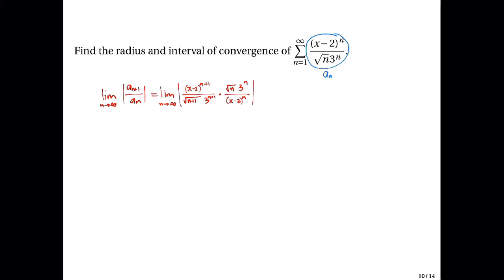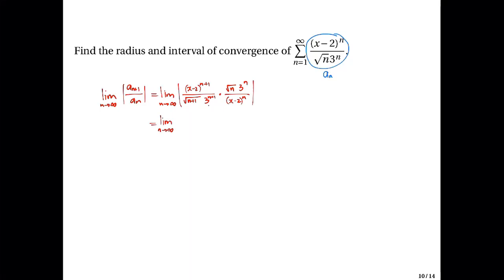And let's work on this completely. We separate the x minus 2 from the x minus 2 to the n, and also separate the 3 from 3 to the n.